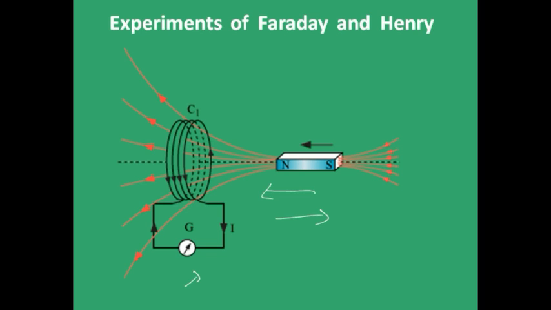When you move it in the opposite direction, you see the opposite deflection. It means that when you move the magnet towards the coil you had some current, and when you move it away, you have current in the opposite direction. When the magnet was stationary, no current was observed. Note that the current is observed only when the magnet is moving.